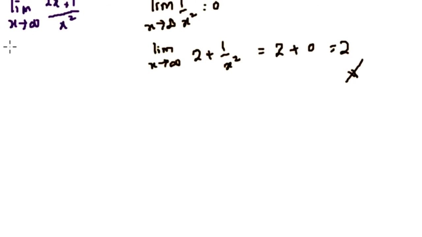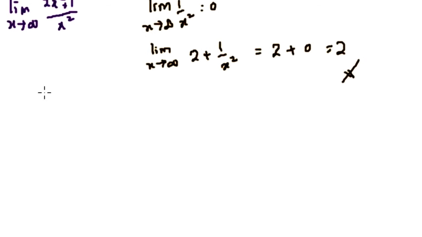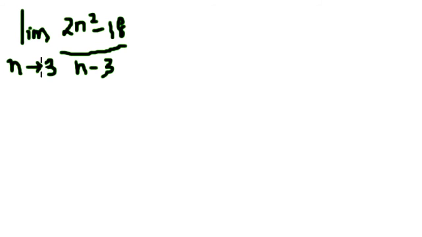Now let's see another question, I would say a difficult one. The limit of the function 2n to the power of 2 minus 18 over n minus 3 when n is approaching 3. For this type of question, the method is still the same.